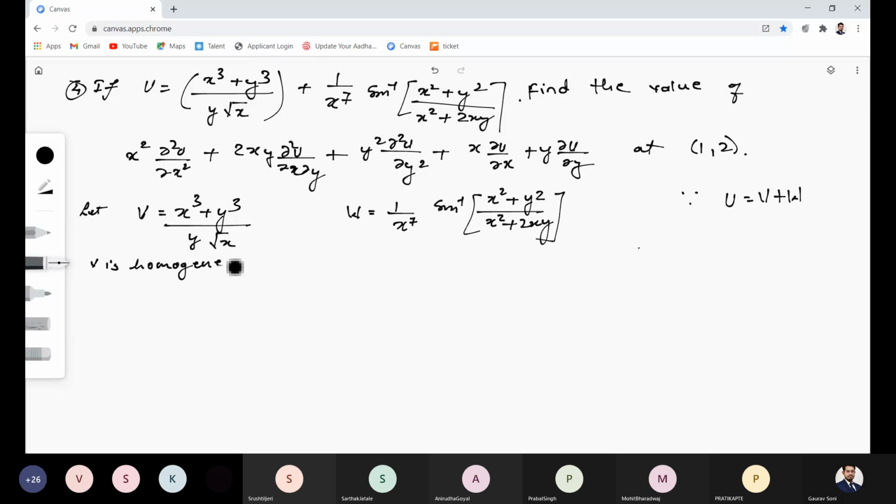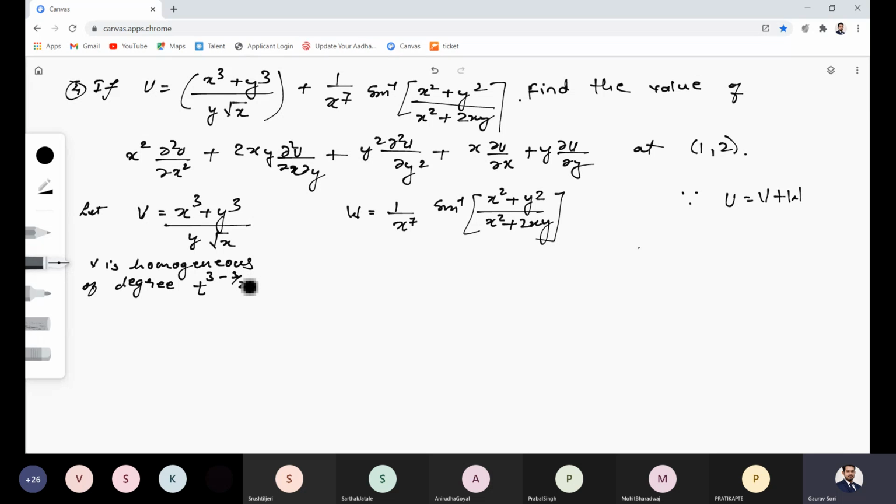So v is homogeneous of degree, you will get t cube common from the numerator, 3 minus 1 plus 1 by 2.